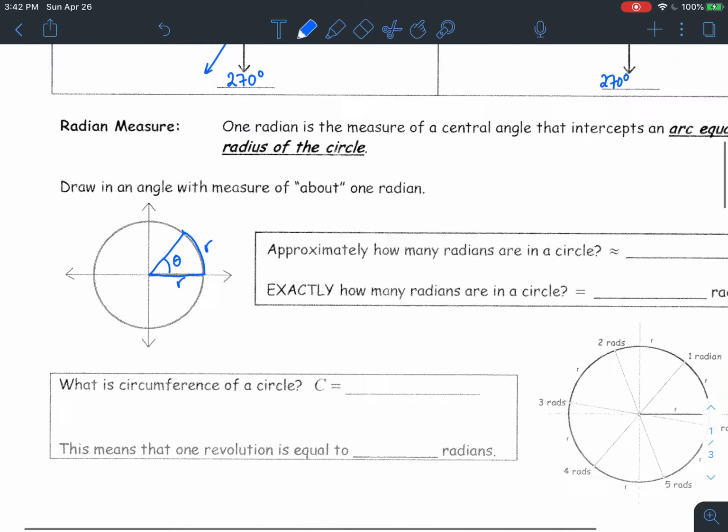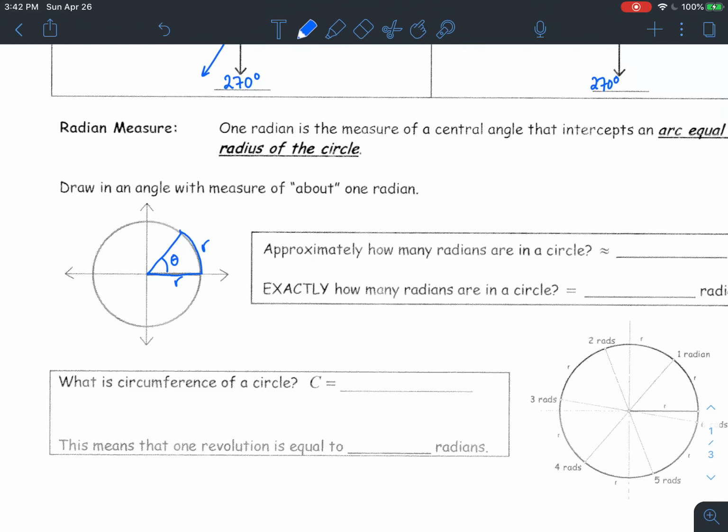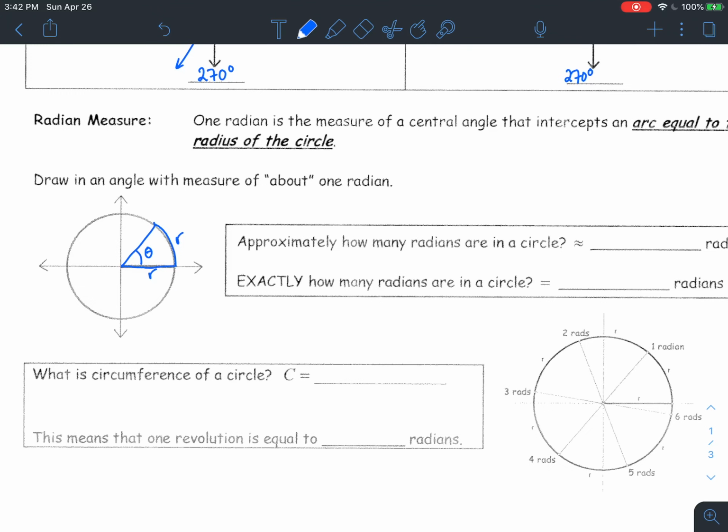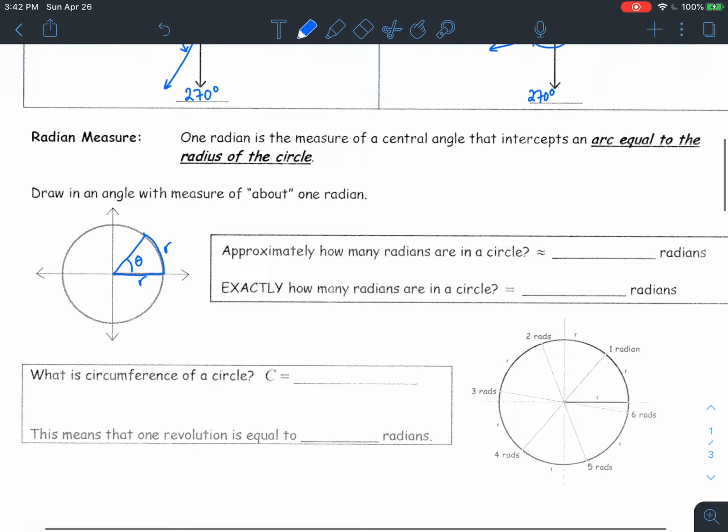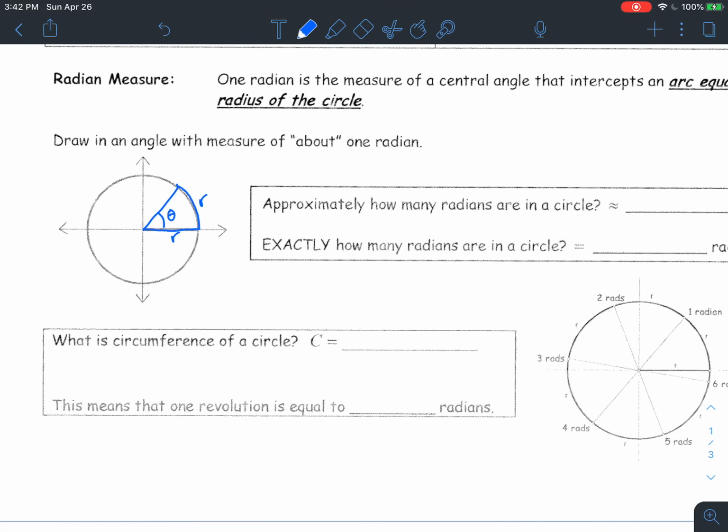Now, what makes that nice is that we know quite a bit about the length of the outside of a circle. We know that a circle is 2 times pi times the radius to get its circumference. All right, I'm kind of jumping around here a little bit. So that's 2 pi times the radius.